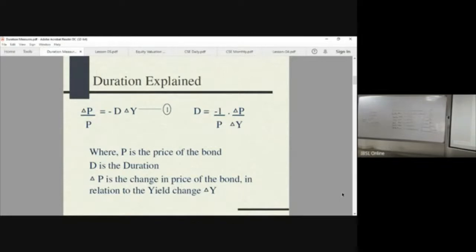Because the relationship is an inverse relationship. When the yield goes up, price goes down. Since that reverse relationship is there, we call it the minus relationship. That is why we put the minus there.